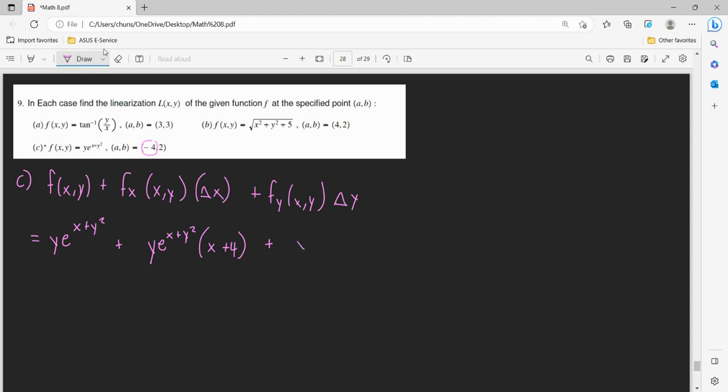partial derivative. So this is plus y squared, and this becomes 2y squared at the front. And this is times our y minus 2.